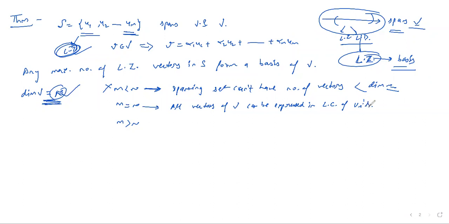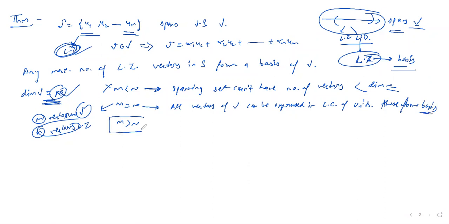So in this case we have m vectors which span the vector space V, and as m is equal to n, we have m vectors which are linearly independent. So in this case, these will form the basis.